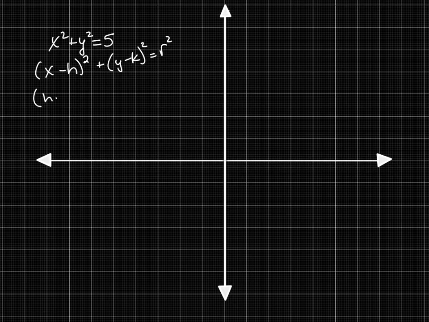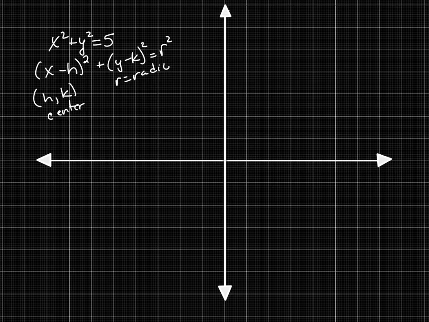All right, so going back to what we had before, our two graphs are x squared plus y squared is equal to 5. This is the equation of the circle, which is in the form x minus h quantity squared plus y minus k quantity squared is equal to r squared. In all cases, h and k is the center of the circle, and r is equal to the radius.